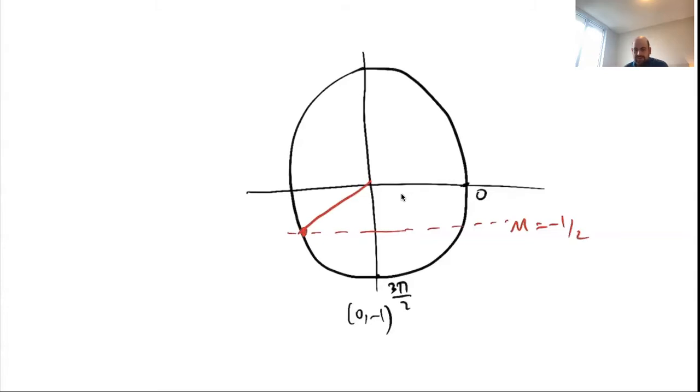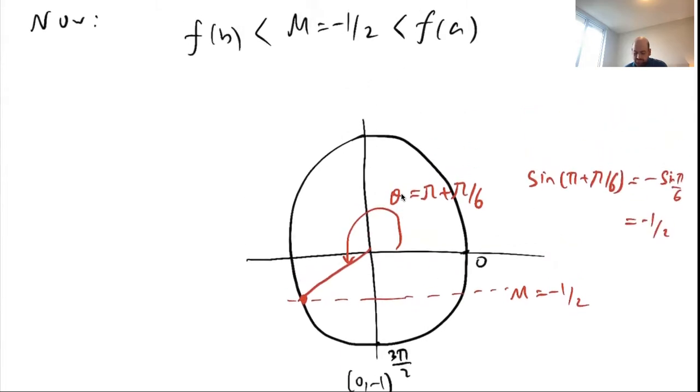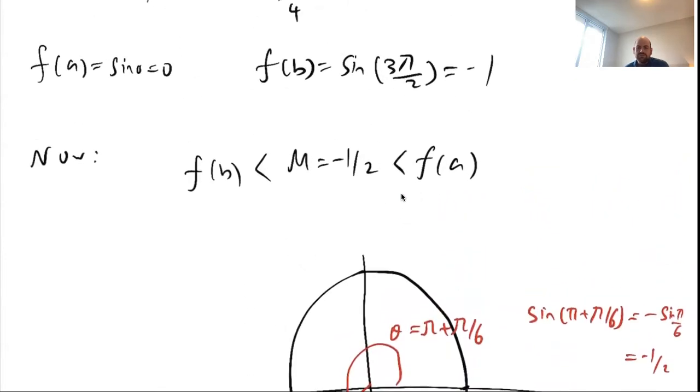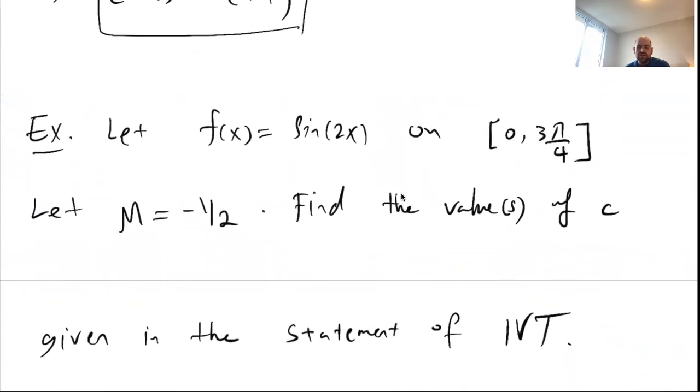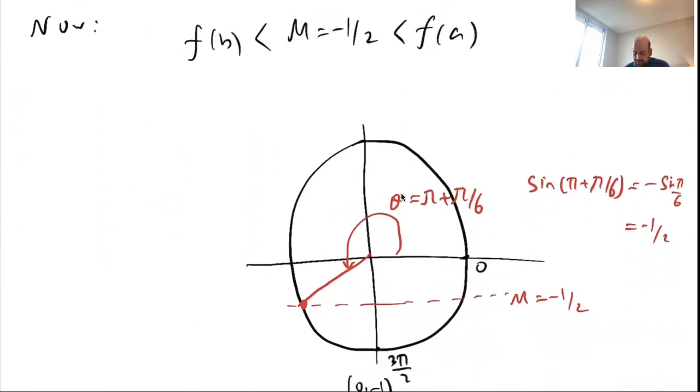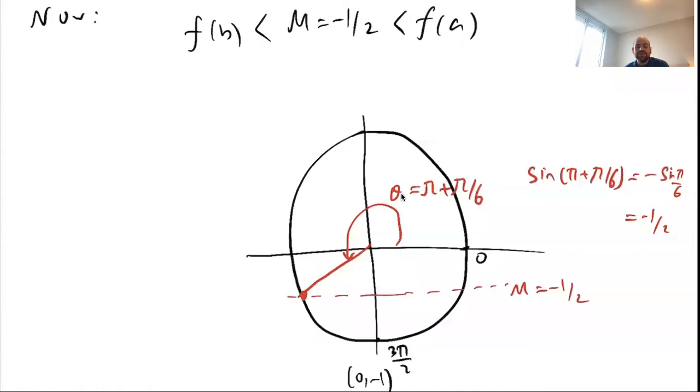So what is the angle with sine of minus 1/2? Pi plus pi over 6, because sine of pi plus pi over 6 is minus sine pi over 6, which is minus 1/2. So f of x here is sine 2x. Now the angle must be pi plus pi over 6, which means 2x must be pi plus pi over 6 in order for sine to become minus 1/2.